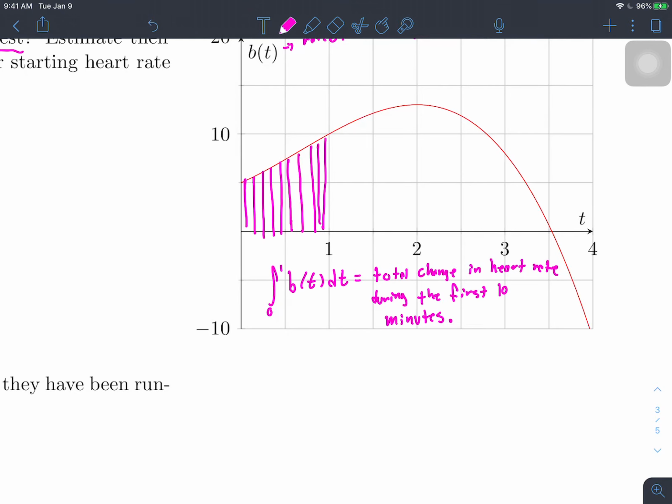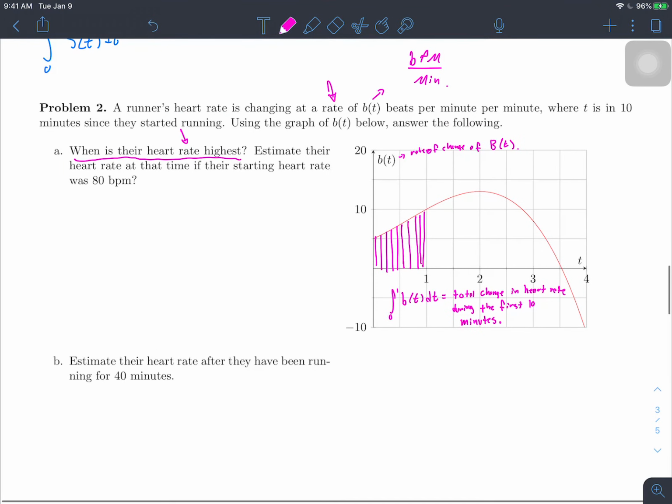I think the reason that this is confusing is because the quantity which is changing is itself a rate of change. People don't like working with per minute, whether it's miles per hour or meters per second squared.